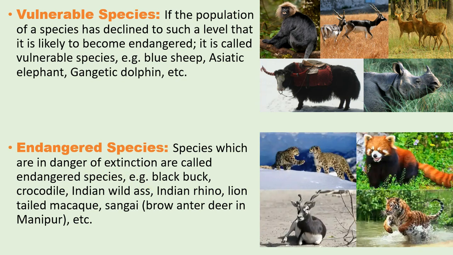Such species come in the endangered category, like blackbuck, crocodile, Indian wild ass, Indian rhino, lion, lion-tailed macaque, and Sangai, that is the brow-antlered deer found in Manipur.